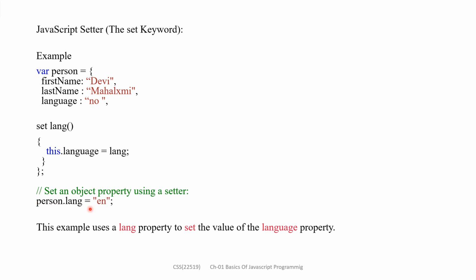Person dot lang equal to en. The output of the setter is also en. The output of the getter is also en, but the difference is that in the getter we are getting the language, and in the setter we are setting the language. In this example, we use a lang property to set the value of the language property.